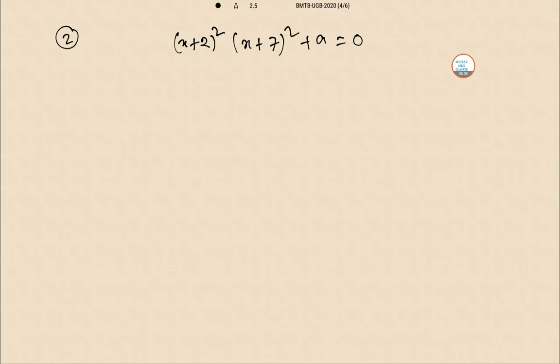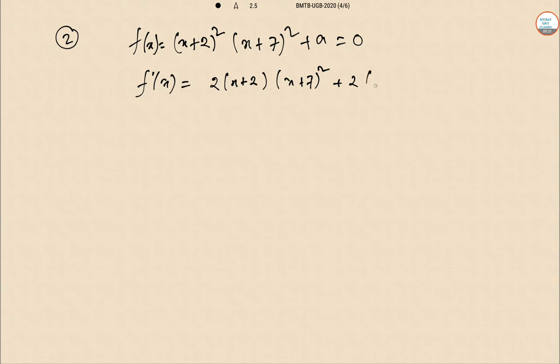Now, if this is f(x), let's try out the first order derivative first, because in these kinds of cases the first order derivative is a prerequisite. You can also cross check this kind of structure via any graph based software, but obviously at the time of examination you don't have that.